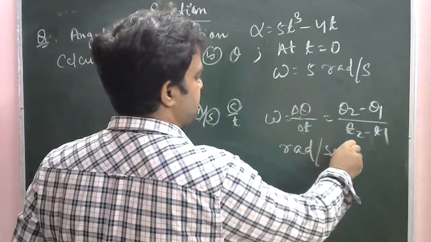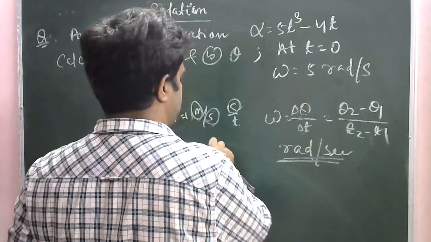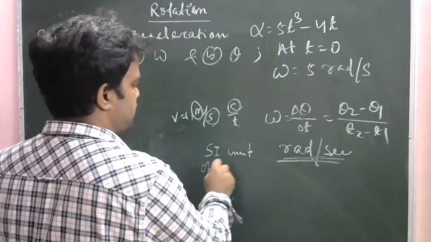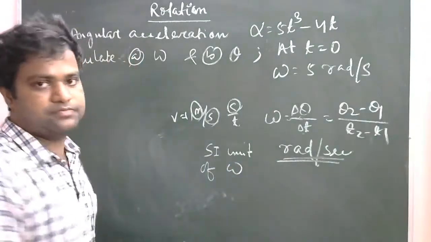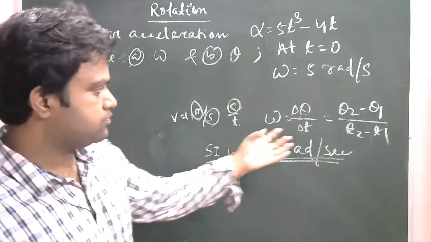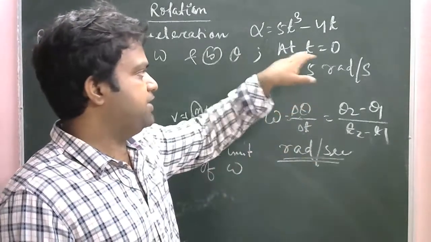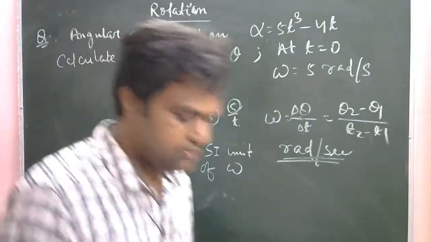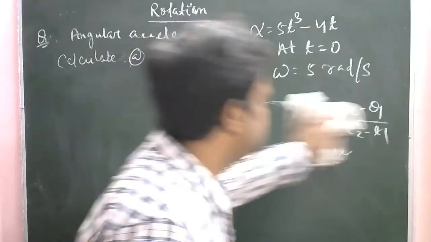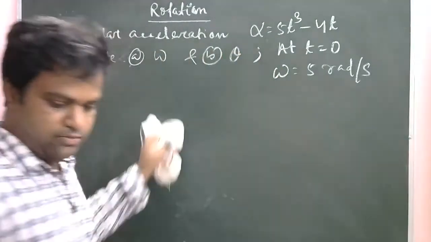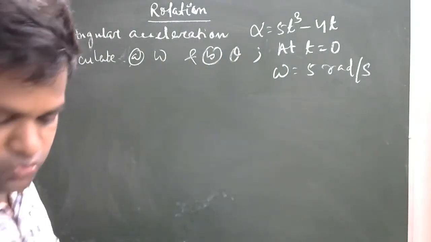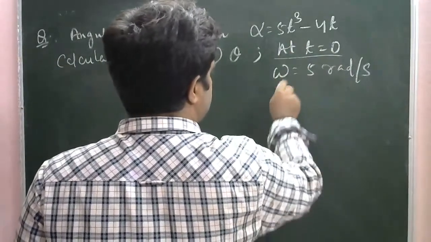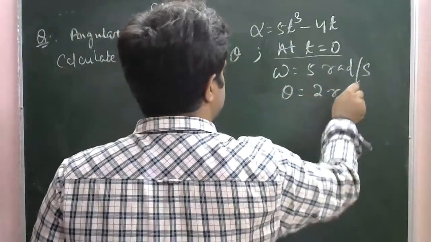So radian per second is the SI unit of omega or angular velocity. At time 0, your angular velocity is 5 radian per second, and the angular displacement is 2 radian. At time 0, omega is 5 radian per second and theta is 2 radian.